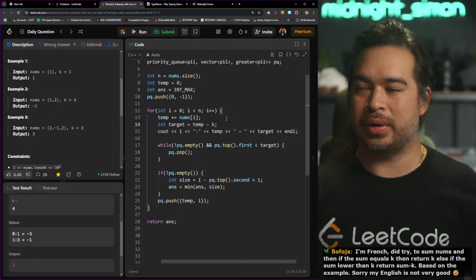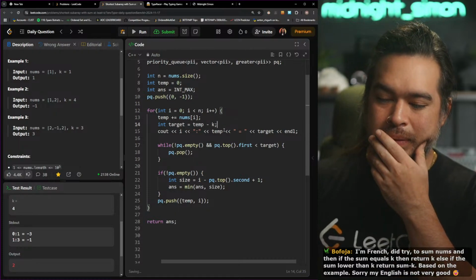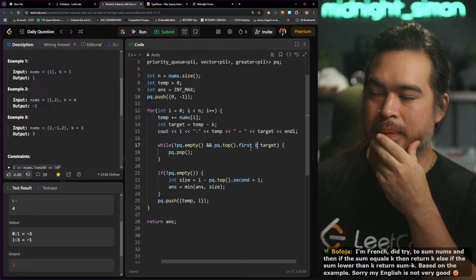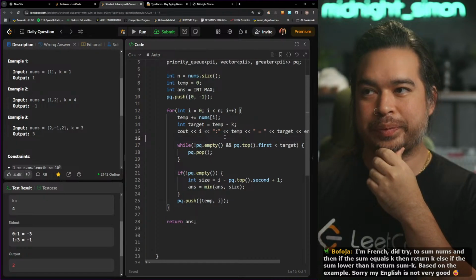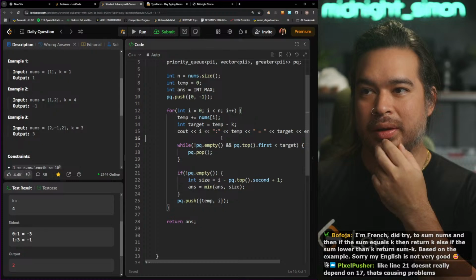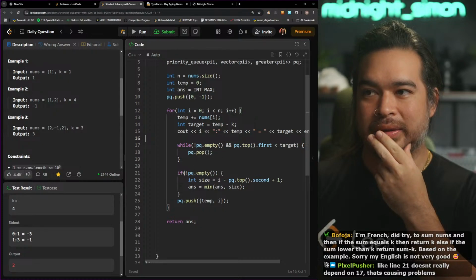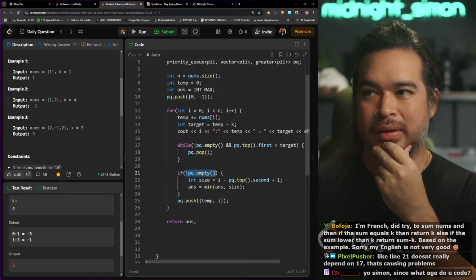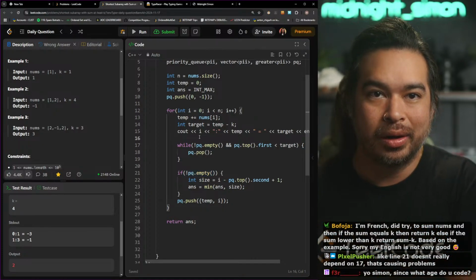That sounds about right. So I don't know. This doesn't depend on 17. Hold on.